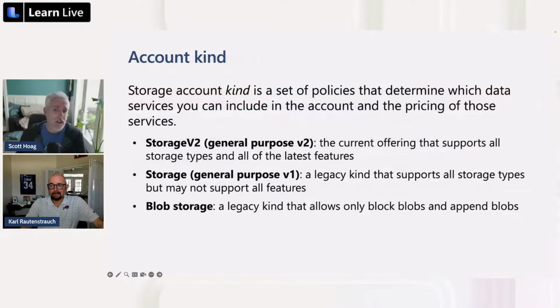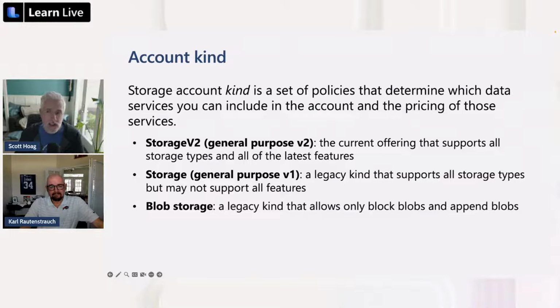Back to that question we had earlier about why don't I see the access tier? There are actually multiple flavors of storage accounts when it comes to generations or versions. If you're creating a storage account through our standard tooling today, be that the portal, CLI, PowerShell, whatever it happens to be, in most cases you're going to be creating a GPv2, or general purpose V2, storage account.